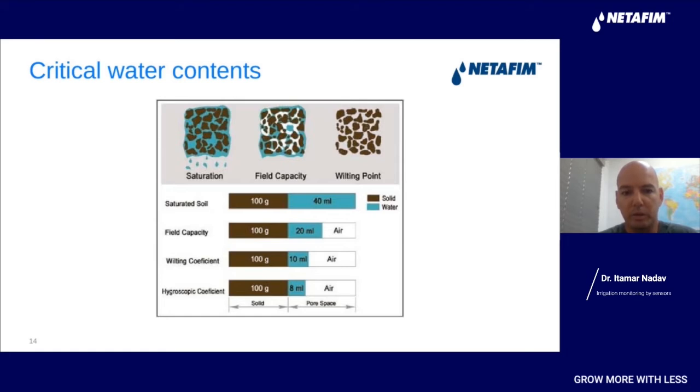In saturation, you can see that all the pores are filled with water and there's no air. When we are at field capacity, there's some water and some air, and some of the water is actually available for the plants. At the wilting point, you can still see that there is some water inside the soil, but it is not available for the plants. The plants cannot use it because it is held in very narrow voids of the soil.